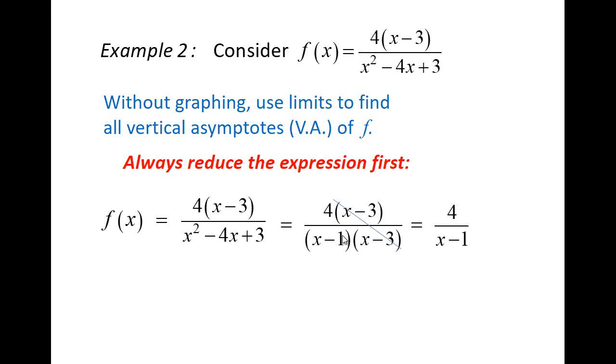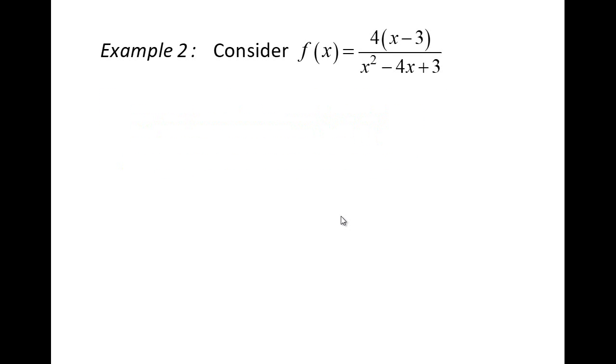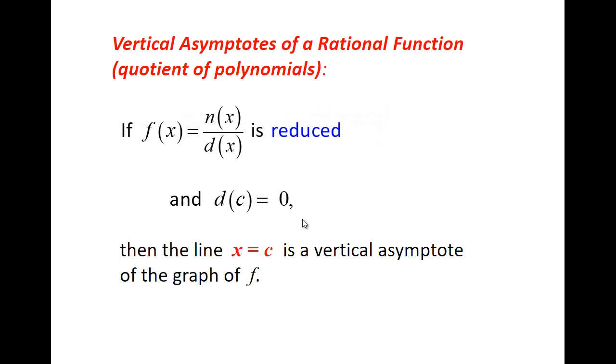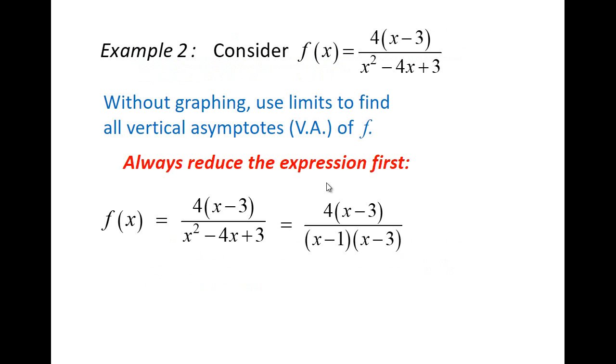Now, if we don't do this step, then we will get a wrong answer if we apply the fact that I presented here. If the denominator vanishes at c, then x is equal to c is a vertical asymptote. If I use this fact without reducing, then for this function, we will say x is equal to 3 is a vertical asymptote, and x is equal to 1 is a vertical asymptote.